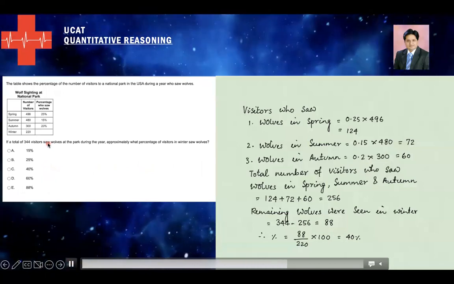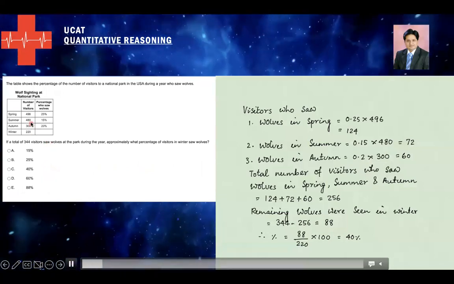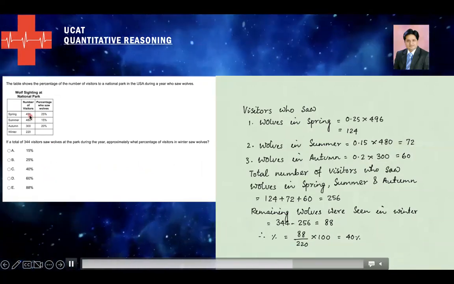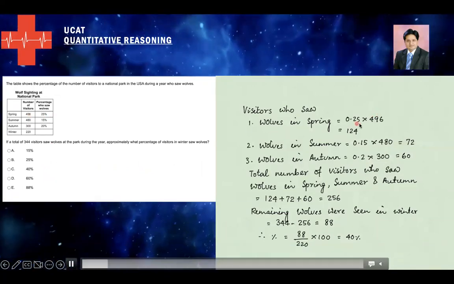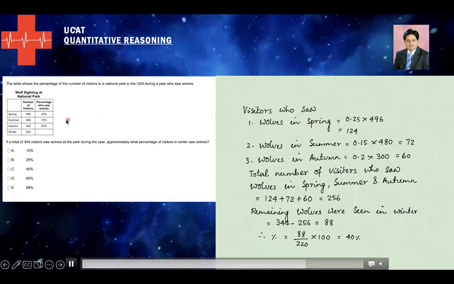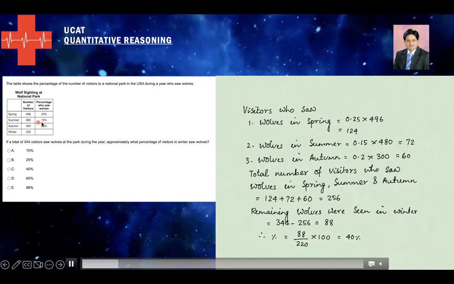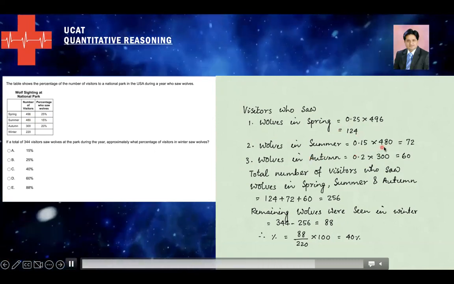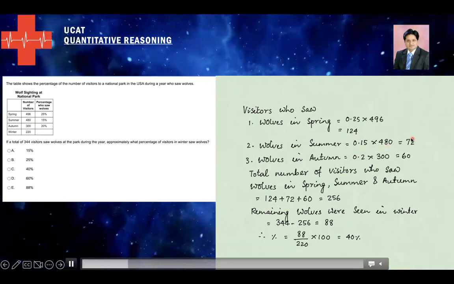So first, the visitors who saw wolves in spring. That's 25% of 496, so 0.25 times 496, that's 124 visitors. The number of visitors who saw wolves in summer, that's 15% of 480, which is 0.15 times 480, that is 72.